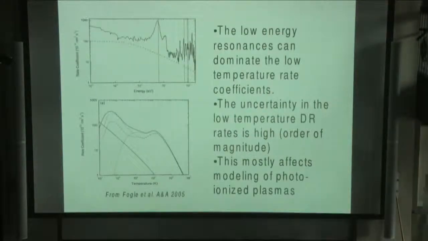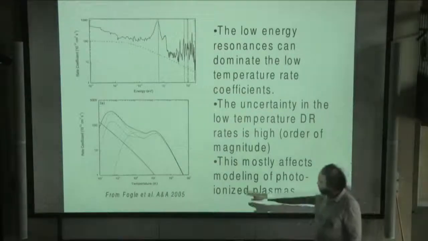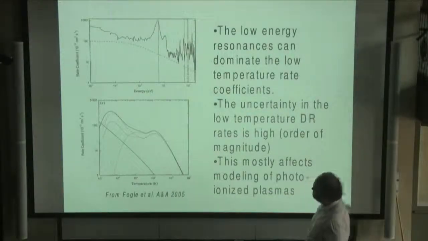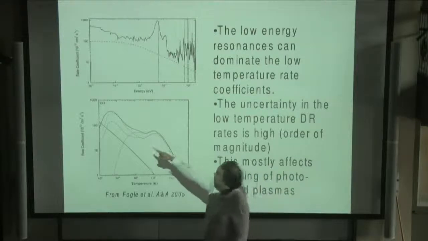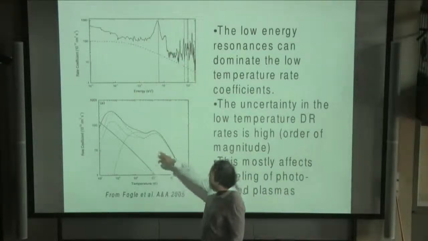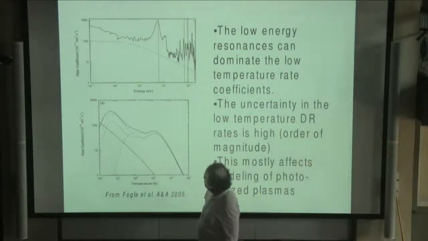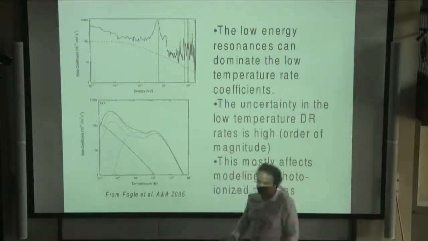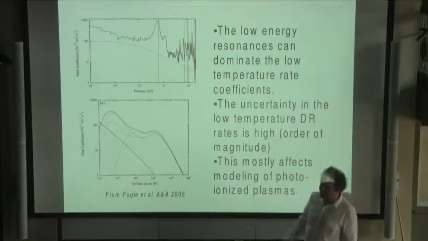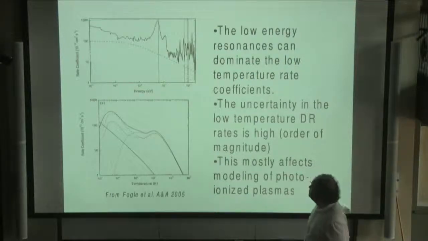So again, here's the rate coefficient as a function of temperature, and we see that this large bump in the rate coefficient comes from a single resonance that is 60 millielectron volts above the ground state.